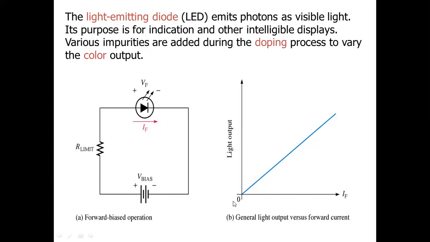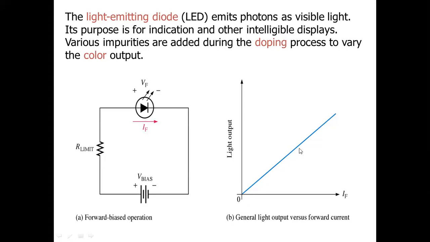So based on the operation, if the forward current is 0, then the light output will become 0. If the current is increasing, the output is also increasing. Current is increasing, the light will also increase. So the light output of the LED is directly proportional to the IF, we can say.